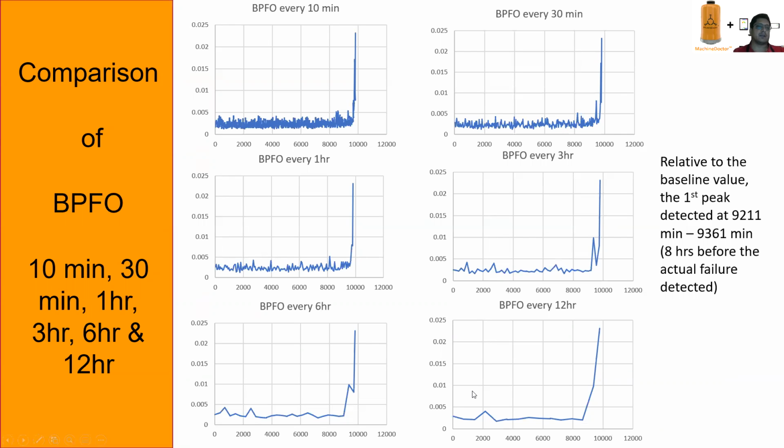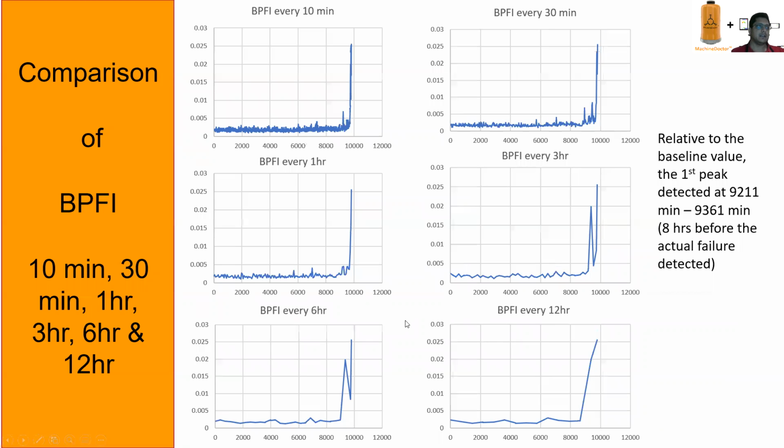That means if the motor MTBF is 4 months, with every 10-minute waveform, one would know 10 days in advance, while with every 12-hour data, one would know 9 days in advance, obviously with almost 100% accuracy. So it is clear that the unplanned downtime could be easily avoided by both every 10-minute waveform data and even every 12-hour waveform data. And we noticed a very similar trend even for BPFI.